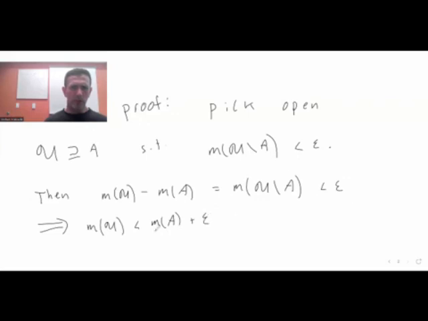What I care about is, well, this is finite. Epsilon represents something small, so obviously this is finite. Okay. So the measure of U is finite. Okay, so that's good. It's very good.